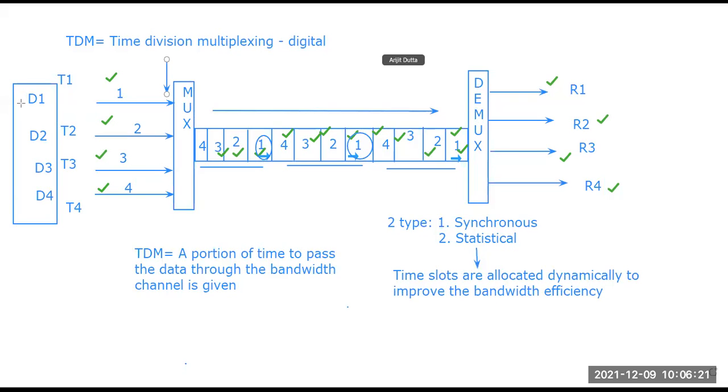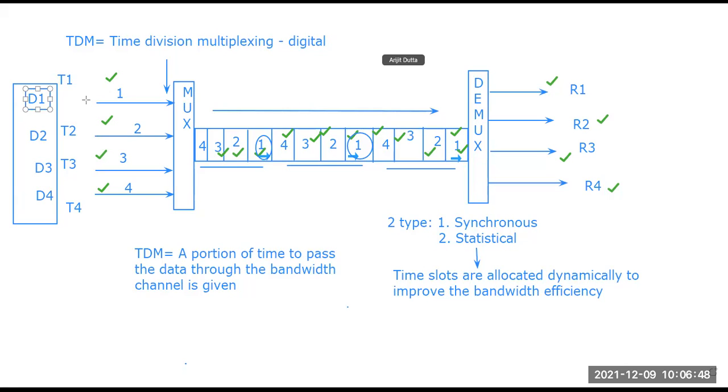First of all, if D1, D2, D3, D4, all the devices have something to send, then all the devices will have the opportunity, some time slot to send the data. Now after some time, if we see that D1 has nothing to send, then the time allocated for D1 will be taken out, and the time frame will be divided among D2, D3, and D4, those who have something to send the data.